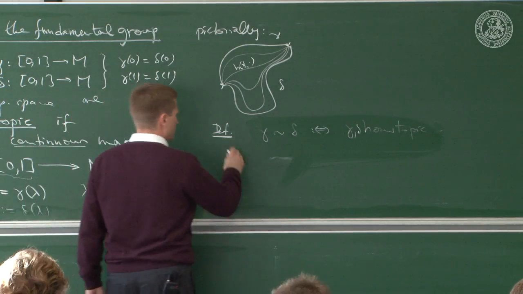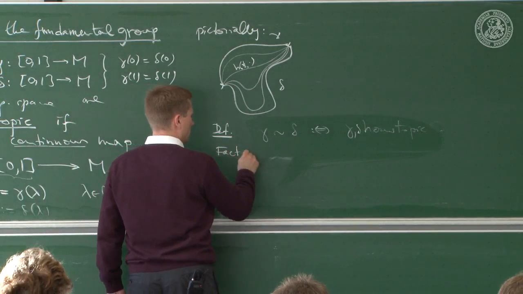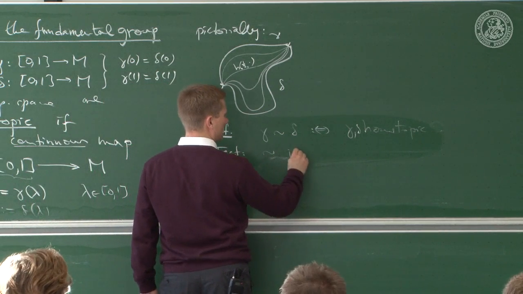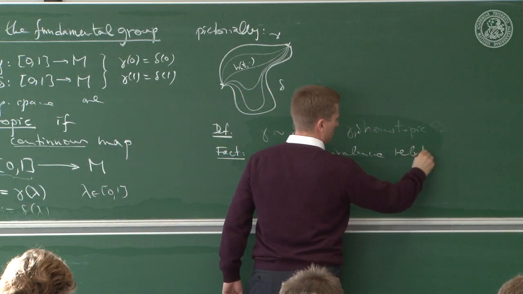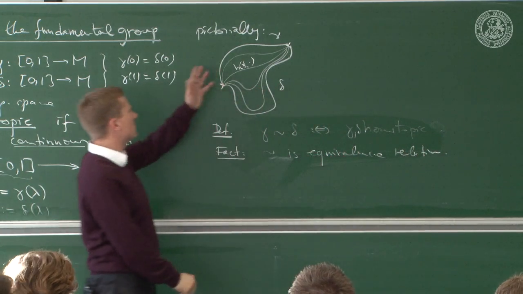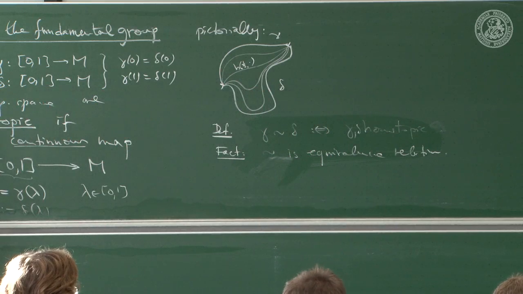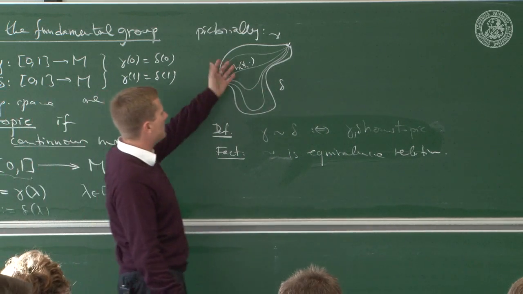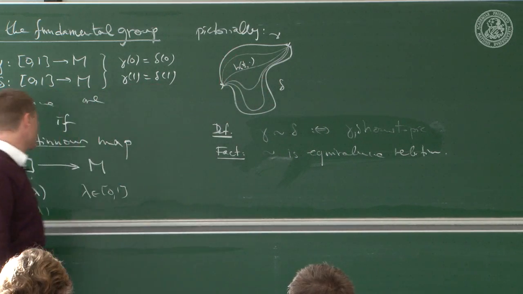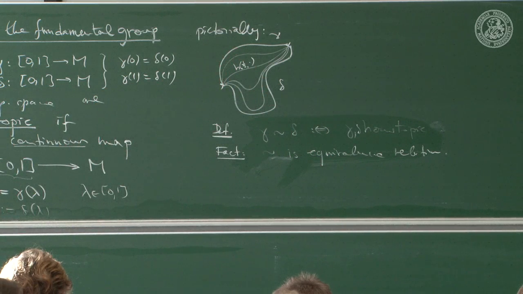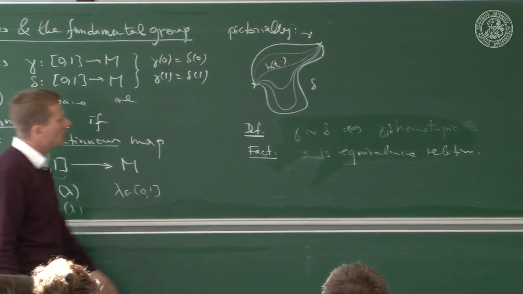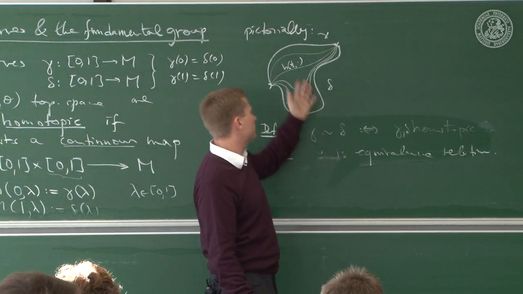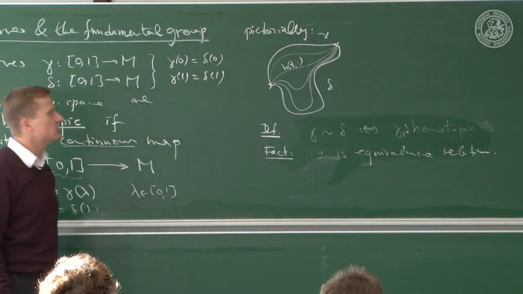And it's a fact that this is an equivalence relation. Well, every curve is homotopic to itself. That's easy to do. If gamma is homotopic to delta, then delta is homotopic to gamma. You get this by just having something at h of 1 minus sigma, and then you let sigma run. And it's transitive, well, you can check, but it's intuitively clear.